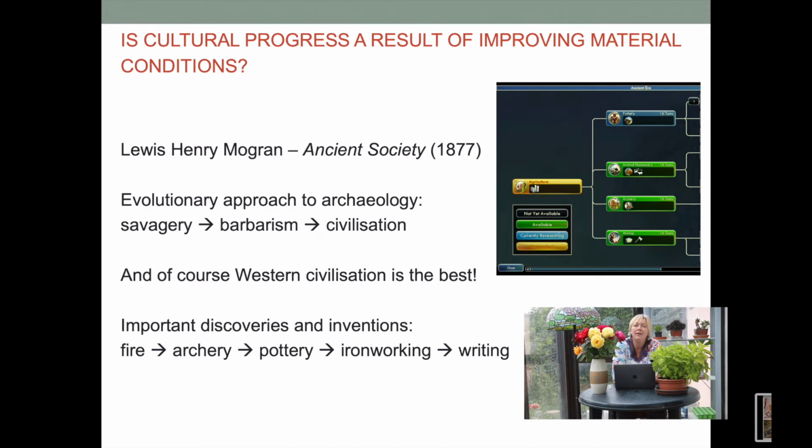If you remember last week and the early attempts at creating this kind of evolutionary approach to culture and to development of human societies made by people like Lewis Henry Morgan, if you remember this early anthropologist from the 19th century and his book Ancient Society, he believed that human societies and human culture follows the path of evolution.